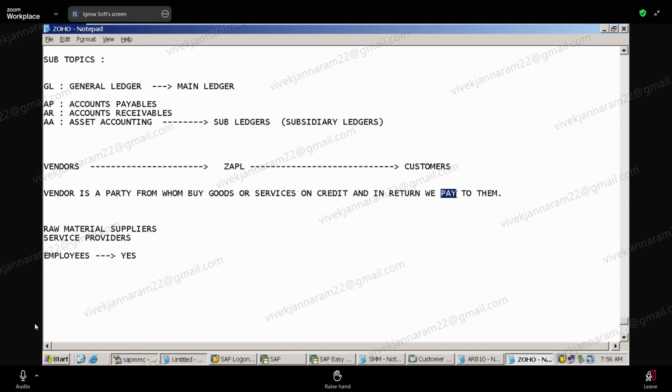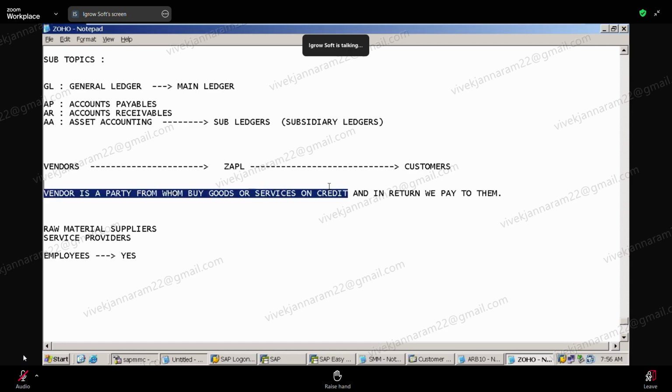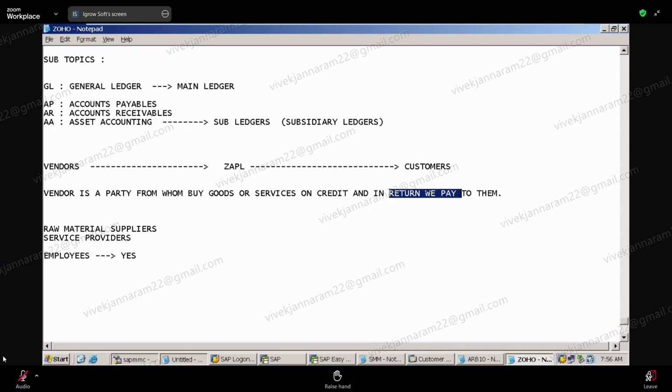So an employee is a person who is giving the service on credit, and in return they are getting paid. Will I work for free for my company? No. And if I'm not giving service, will the company pay me? No, sir. So it's a pure vendor contract.